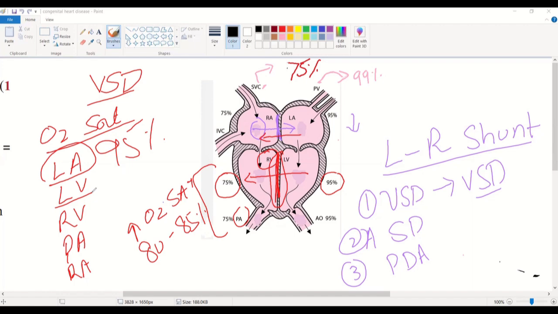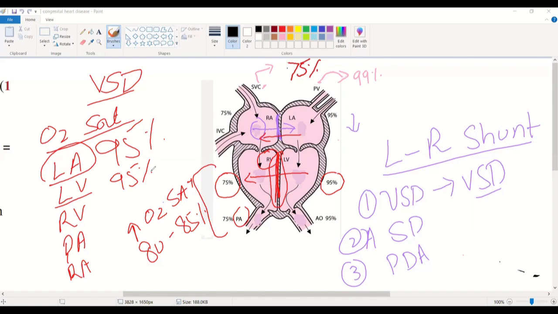So basically, if I'm understanding you correctly, the change will only happen to the deoxygenated side, because you have oxygenated blood being added to deoxygenated blood, from left to right.